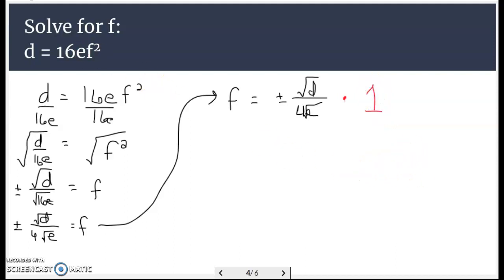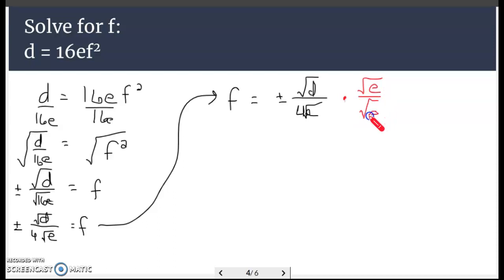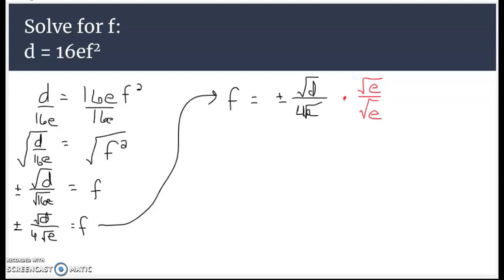But I'm going to rewrite 1 as this, square root of e over square root of e. Notice that's the radical in the denominator of our problem. And what this does is it will eliminate the square root in the denominator, which we're not allowed to have. We want to write our answers simplified by not having a radical sign in the denominator.